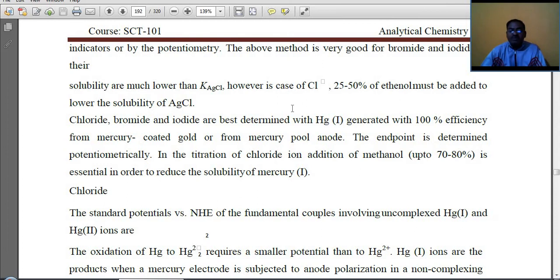Chloride, bromide and iodide are best determined with mercury generated with 100% efficiency from a mercury-coated gold or from a mercury pool anode. The endpoint is determined potentiometrically. In the titration of chloride ion, addition of methanol is essential in order to reduce the solubility of mercury chloride.